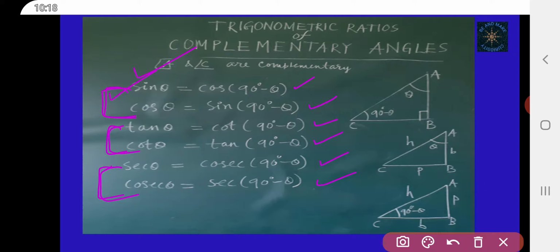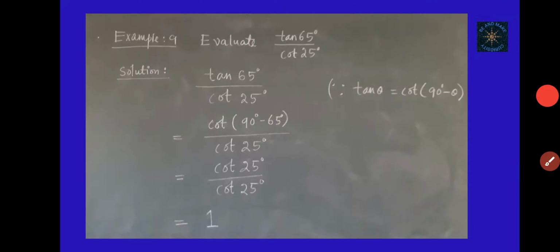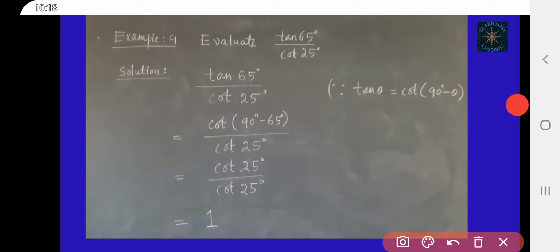Next, some examples based on trigonometric ratios of complementary angles. So here, evaluate tan 65 degree by cot 25 degree.